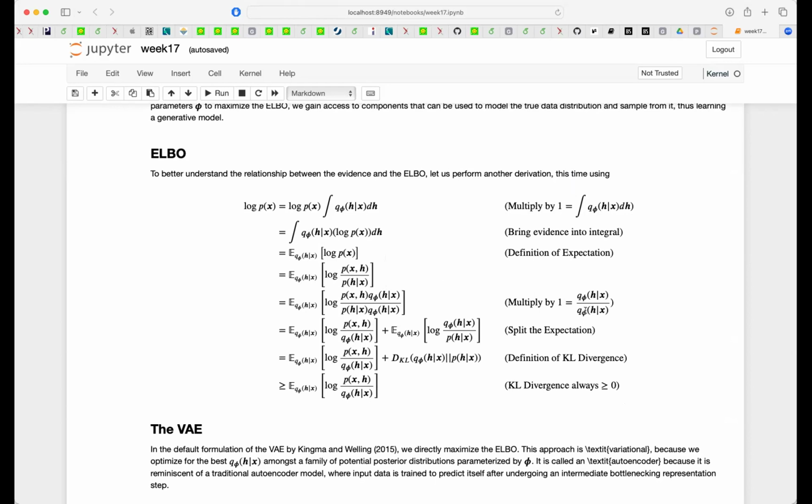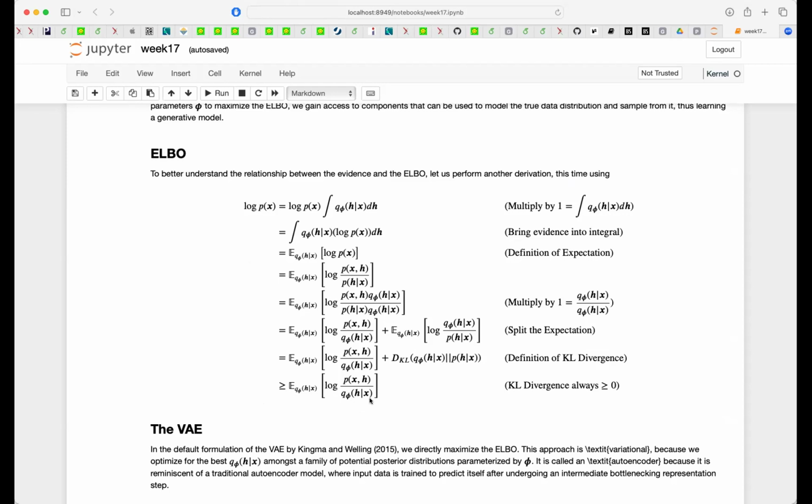So you just multiply with 1 again. And you have this equation here. And you can split this since you have the logs of the probabilities. So you would have the log of p of x and h, the probability, divided by this conditional one, plus this quantity here, which is nothing but this Kullback-Leibler divergence, which is larger or equal than 0, which means that this quantity here is larger or equal than this expectation value.